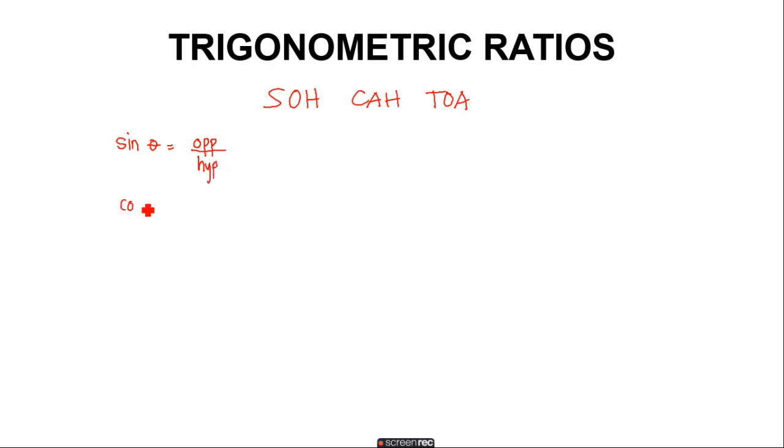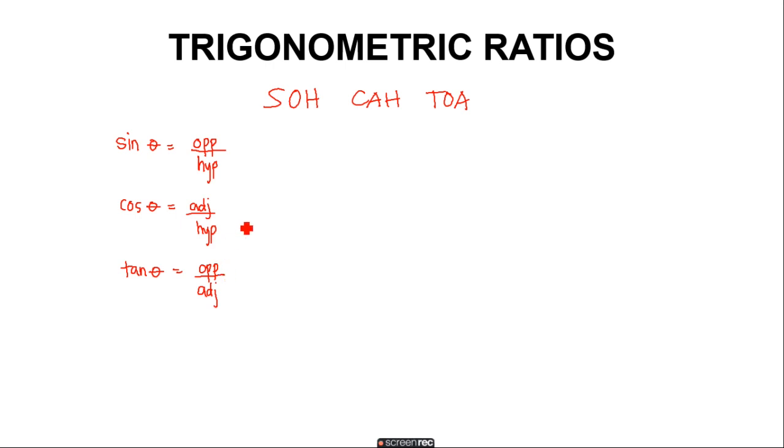If we have cosine theta, that will be equal to adjacent over hypotenuse. And if we have tangent theta, that will be opposite over adjacent.